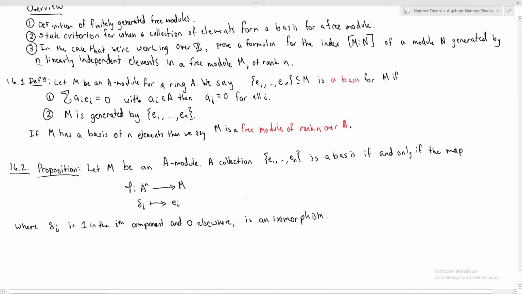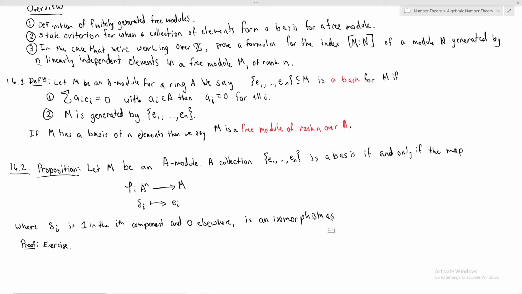Okay, so I'm not going to prove this statement. I guess maybe the proof I'll leave as an exercise. It's not too bad. You essentially just use the definition of what it means for this thing to be a basis. And what we get out of this is that if I'm a free module of rank n, then I'm automatically isomorphic to A^n.